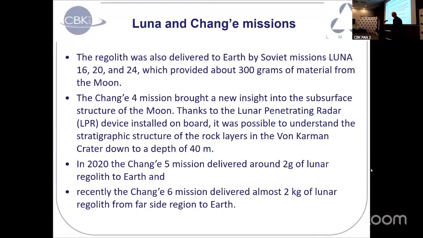But not only Apollo: in the past we had the Soviet Luna missions to the surface of the moon, and a few recent Chang'e missions, some of which also delivered real lunar regolith to the Earth.